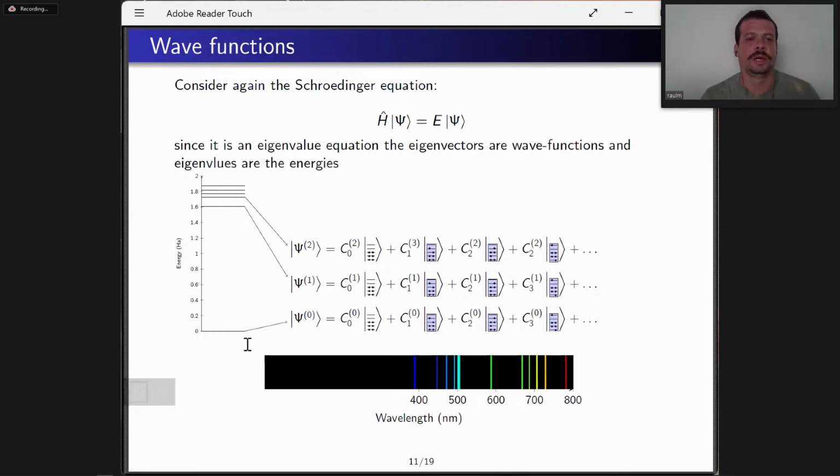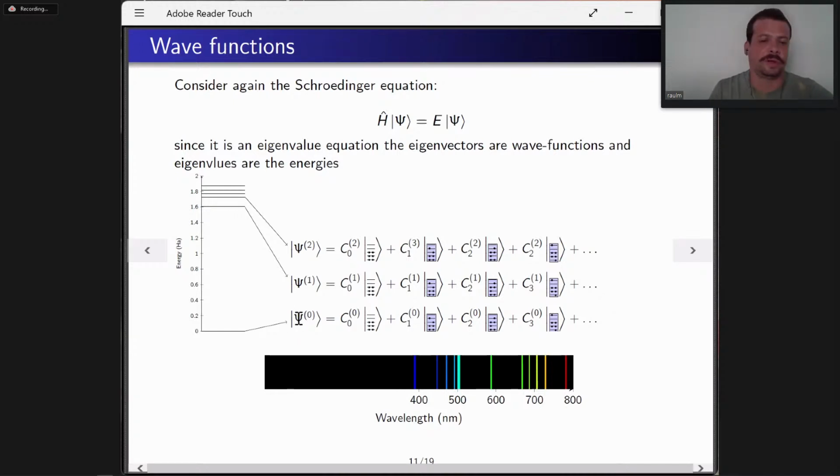So let's consider it again. If we solve this eigenvalue problem, the eigenvectors of this solution will be the different wave functions, and the eigenvalues will be the energies. In this example, I'm showing that when I solve this, the first eigenvector will be the ground state wave function, and its eigenvalue will be the ground state energy.